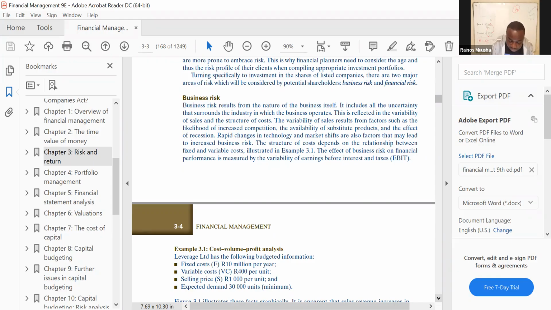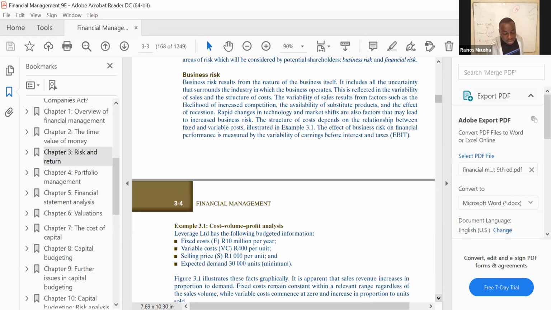The variability of sales results from factors such as the likelihood of increased competition, the availability of substitute products, the effect of recession, and rapid changes in technology and market shifts are also factors that may lead to increased business risk.